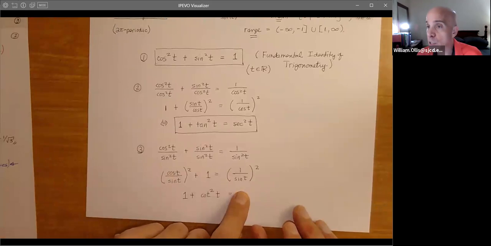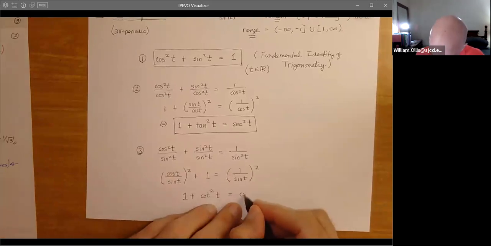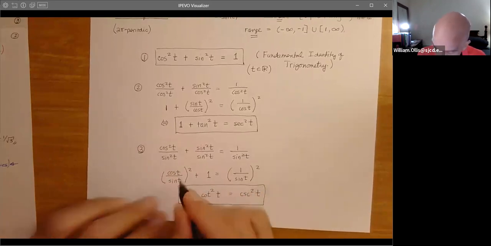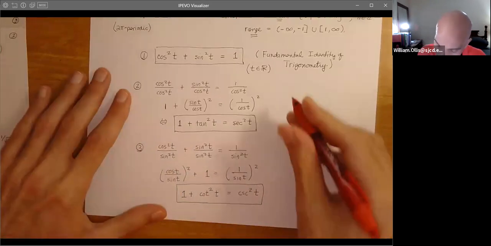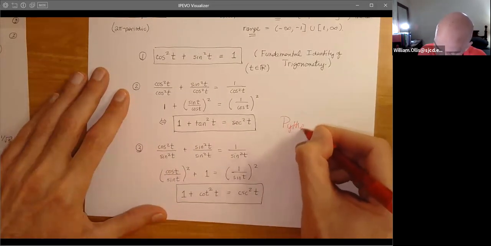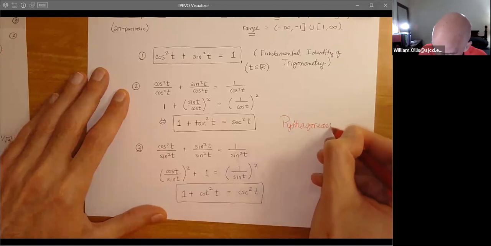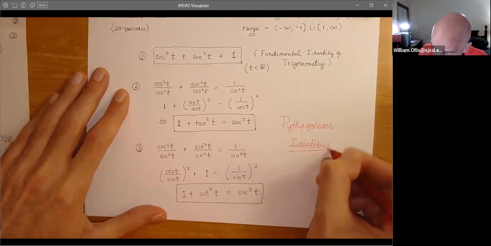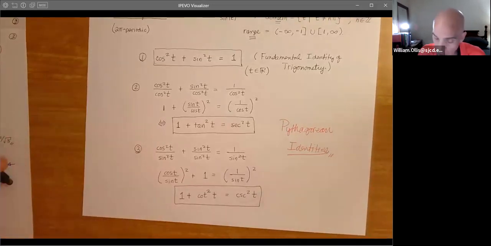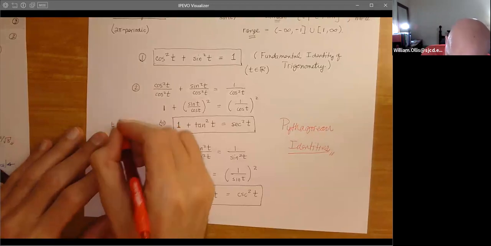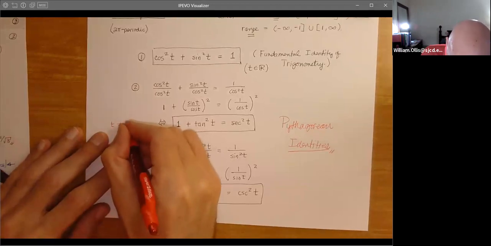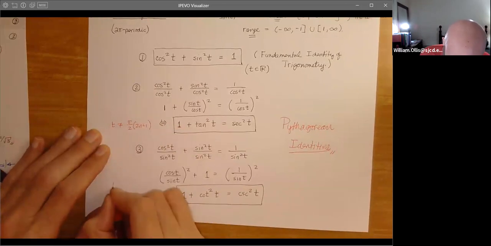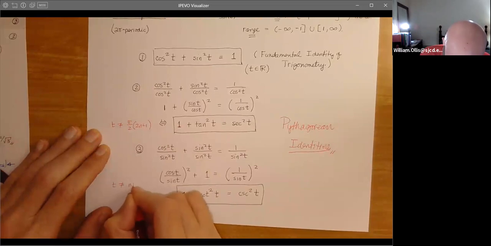And 1 over sine is cosecant, so this will be cosecant squared of t. And again, these are what we call the three Pythagorean identities. They are true for all values of the variables for which they are defined. And of course, here t is not equal to odd multiples of pi over 2, and here t is not equal to n pi.